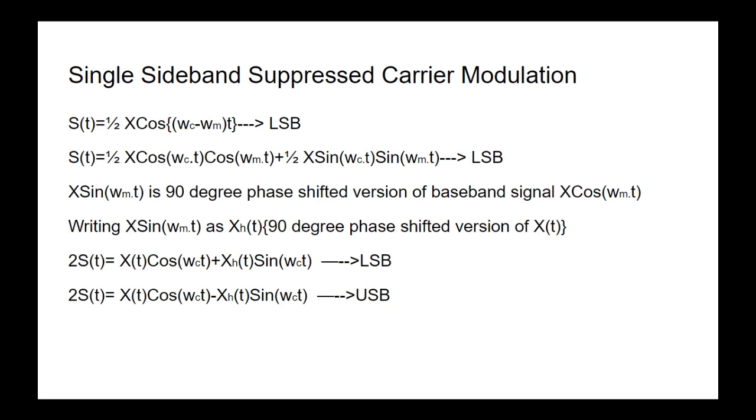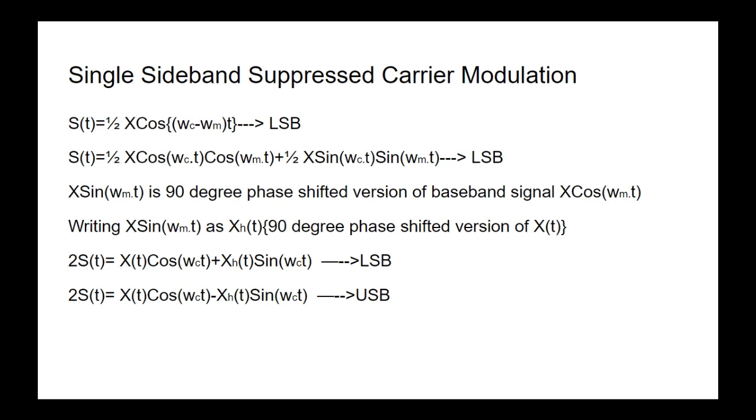Now let's further explore the mathematical formula of single sideband suppressed carrier modulation. s(t) = 1/2 x cos (ω_c minus ω_m) t, that is for the lower sideband.